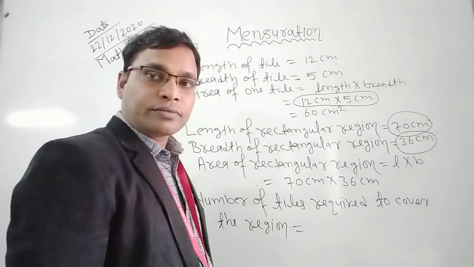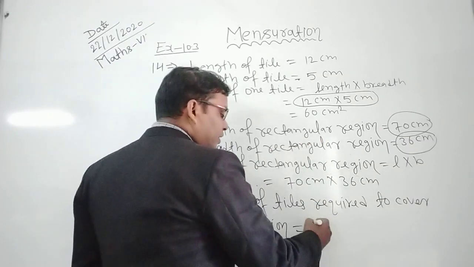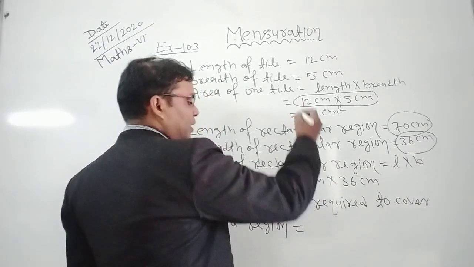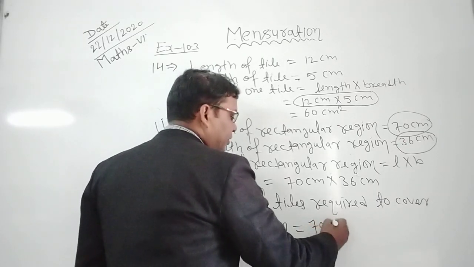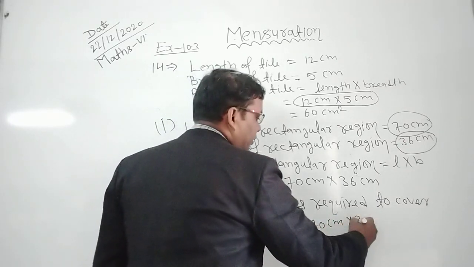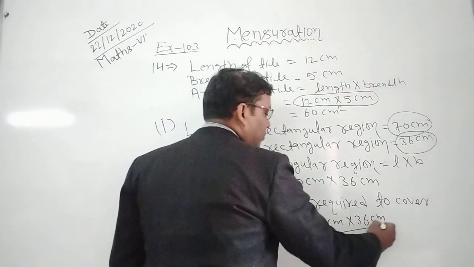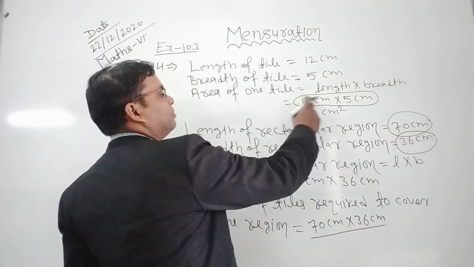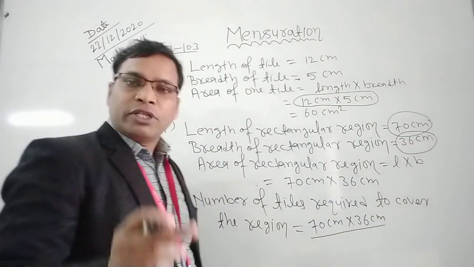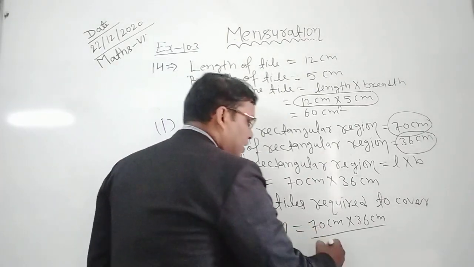For this, we write area of rectangular region by area of one tile. So area of rectangular region is 70 centimeters into 36 centimeters, and divide by the area of one tile, 12 centimeters into 5 centimeters. After this we will cancel.